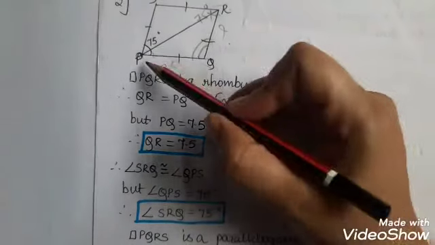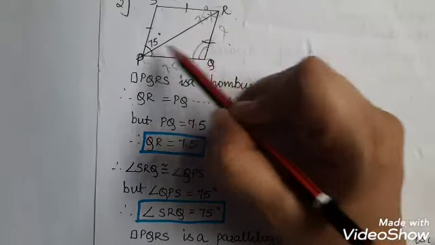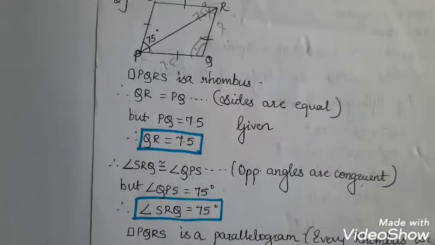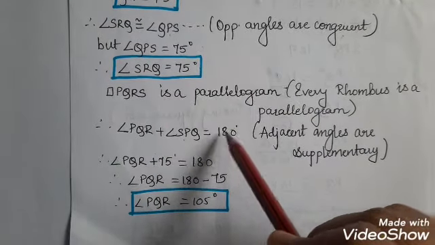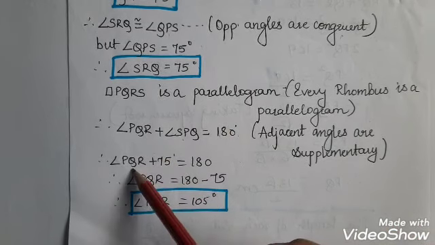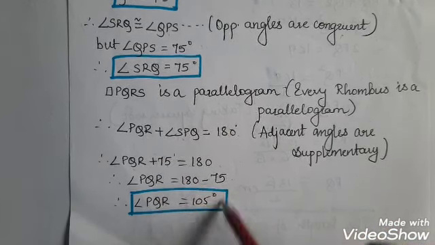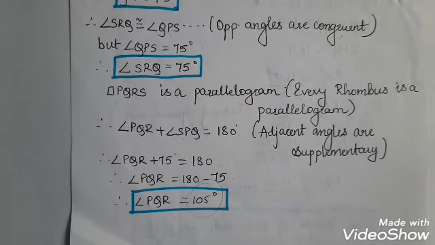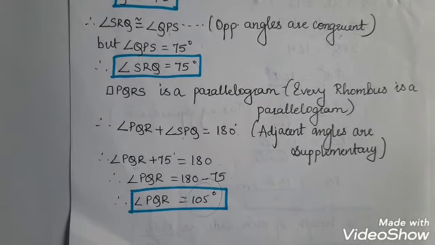So I can take angle PQR and angle SPQ, because those two are adjacent angles, and adjacent angles are supplementary. So angle PQR plus angle SPQ is equal to 180 degree. Therefore angle PQR plus 75 degree is 180. So angle PQR is 180 minus 75, which is equal to 105 degree.